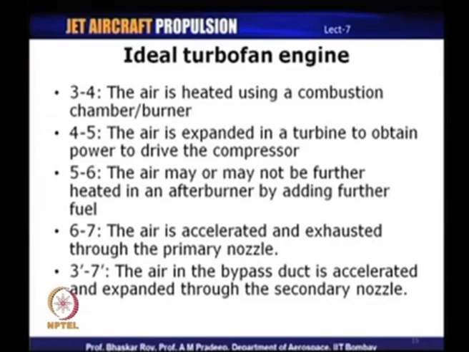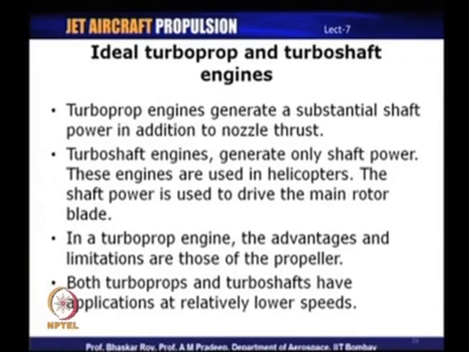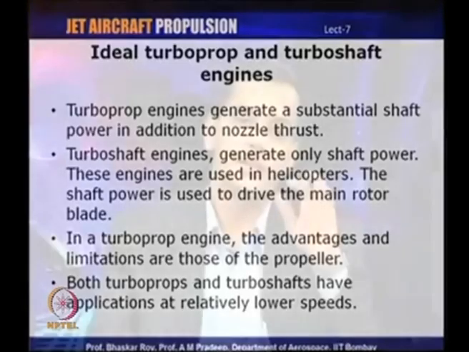And between 6 and 7 is the primary nozzle, and the bypass duct also has a nozzle, which is the secondary nozzle, and that also generates a substantial amount of thrust, basically because of the mass flow that the fan generates. So, the differences in the processes compared to a turbojet engine are basically because of the presence of the fan and the bypass duct.